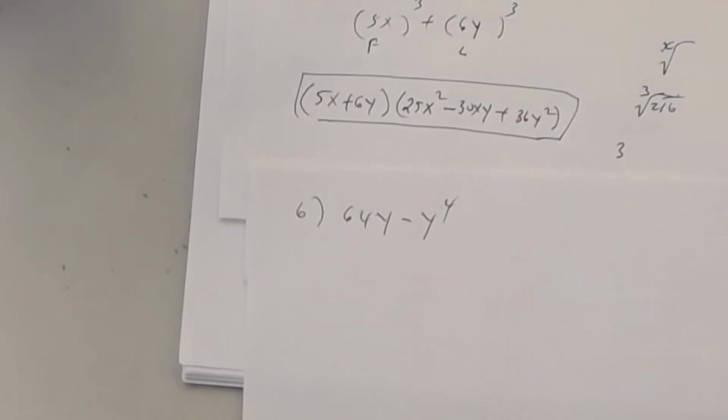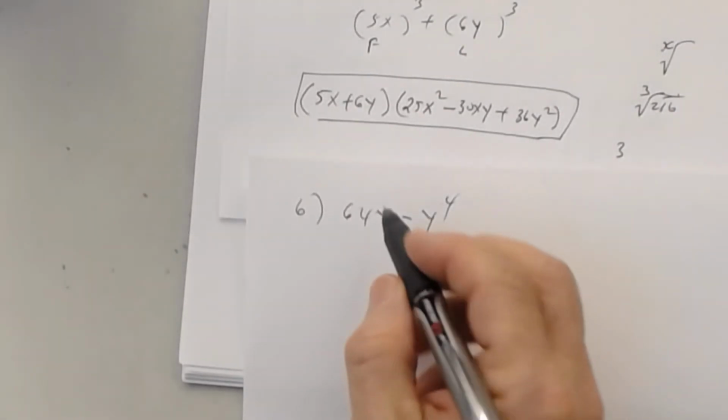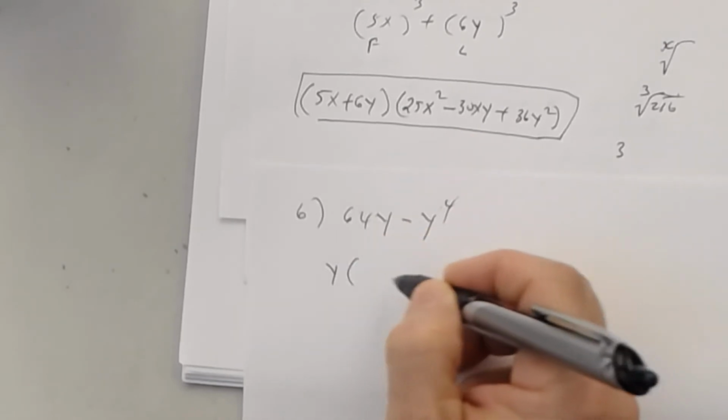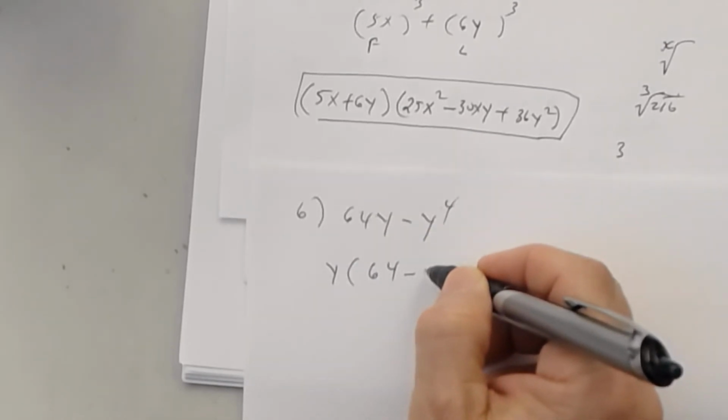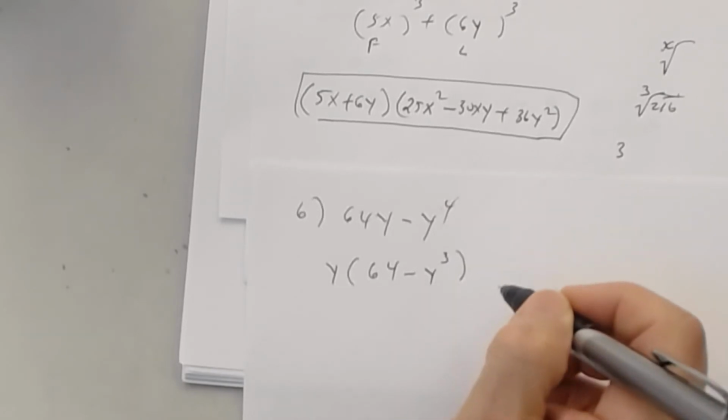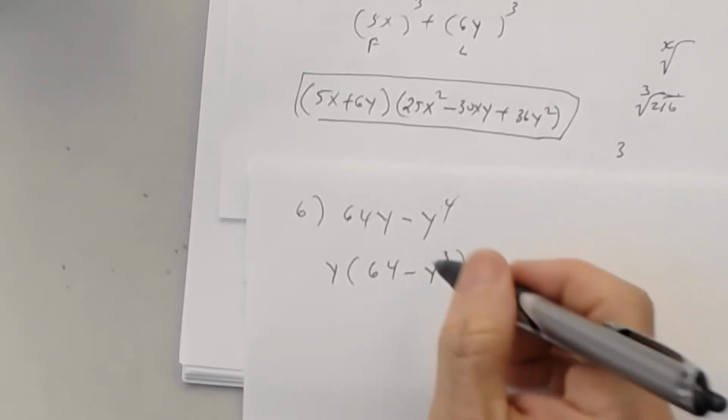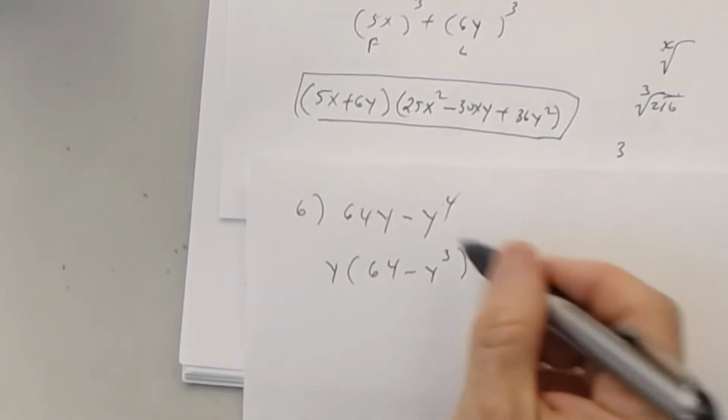What's your GCF? For y, GCF is y. So I can factor out the y, right? So I get y times what? 64 minus y to the third power. Is that y cubed? Is that the answer?